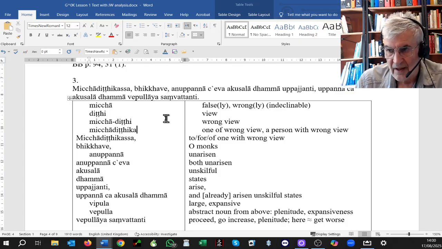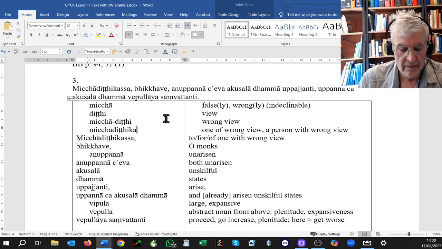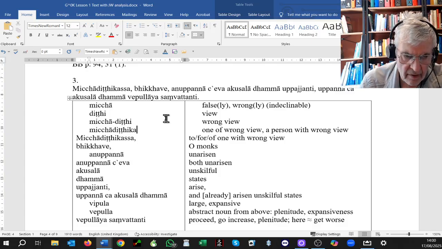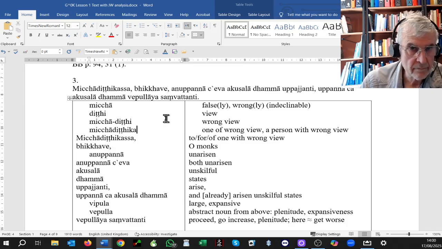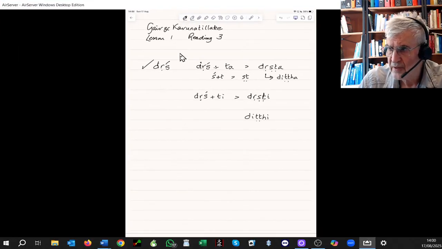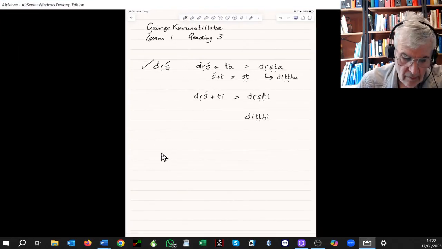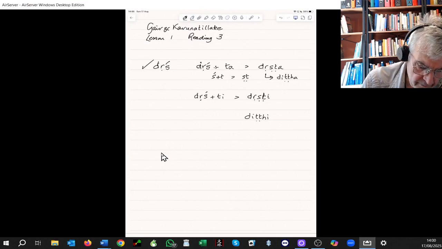Anuppannā akusalā dhammā uppajjanti means unarisen, unskillful states arise. Now this uppanna, to arise, we know paṭicca samuppāda, that's the samuppāda. The root is pad.